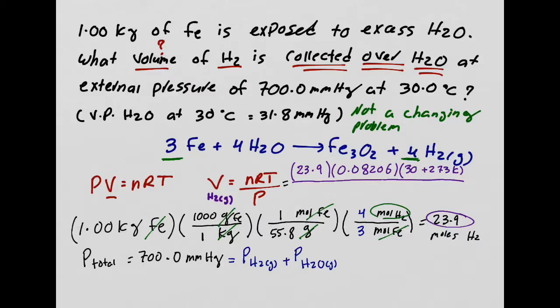So that means the 700 millimeters of mercury is equal to the pressure of H2 plus the pressure of H2O, which is 31.8. Are you still following me? Beautiful. Now what am I going to do? I would have to subtract those two to get that number.